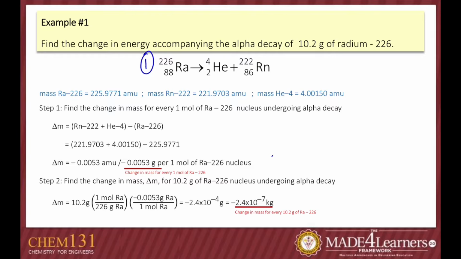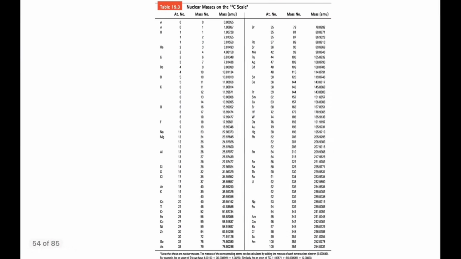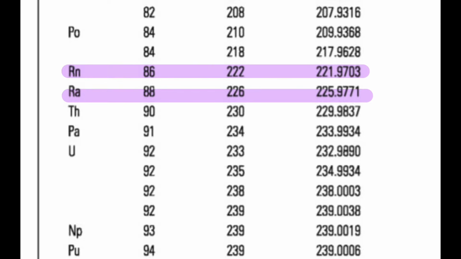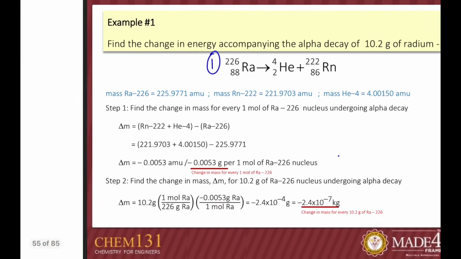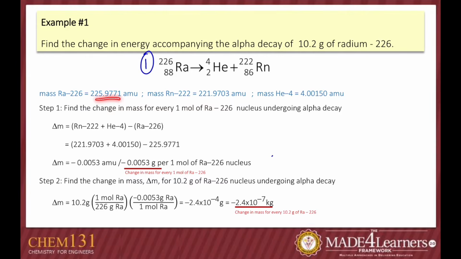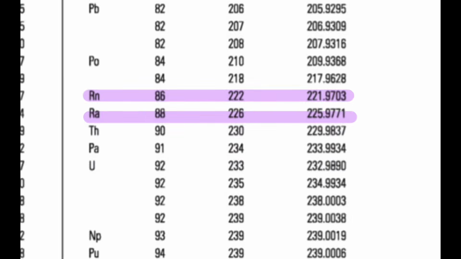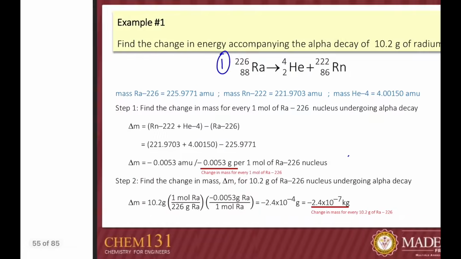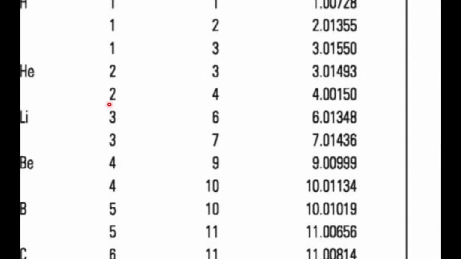The next thing to do is look at the table of nuclear masses for the masses of these three. Radium, 88, 226, let's look. It is here, 226.0254 amu. And radon, 221.9703. And for helium, we look for helium-4. It is here, 4.0015.